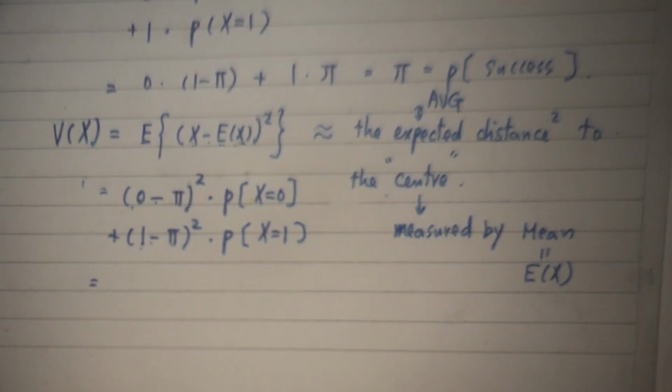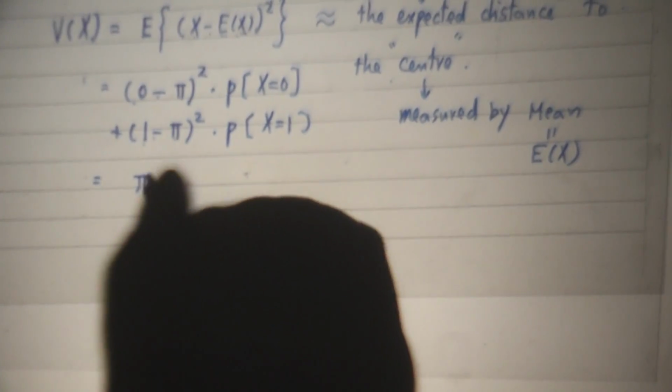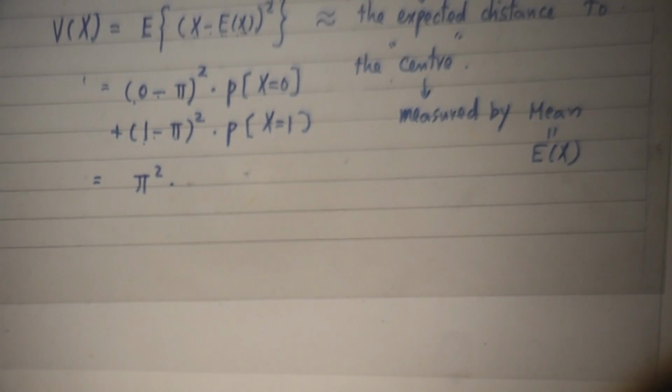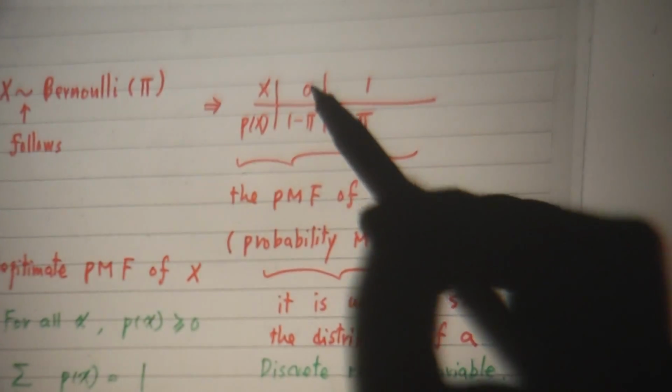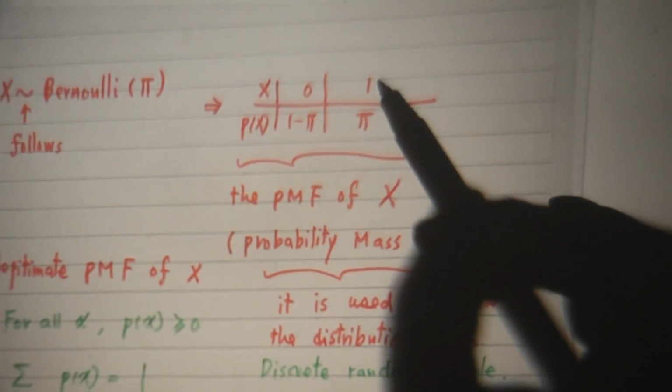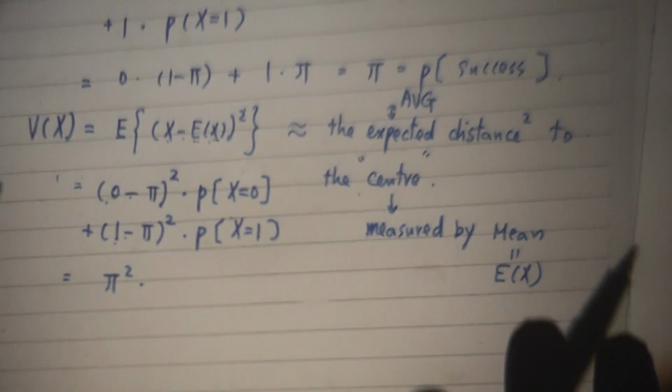Okay? So let's simplify the expression. This becomes pi squared times the probability x equal to 0. What is x equal to 0? X equal to 0 is 1 minus pi. X equal to 1 is pi.